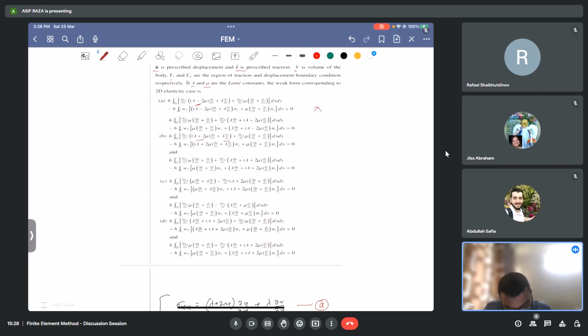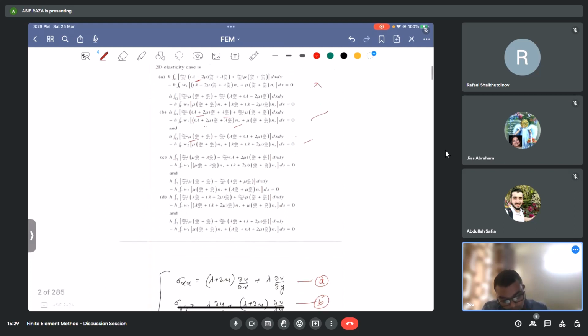Minus w1 lambda plus 2 mu nx, this is fine, and this is also fine. And this one w2 mu, this is also good. So this statement is also fine. So the correct option would be option B.